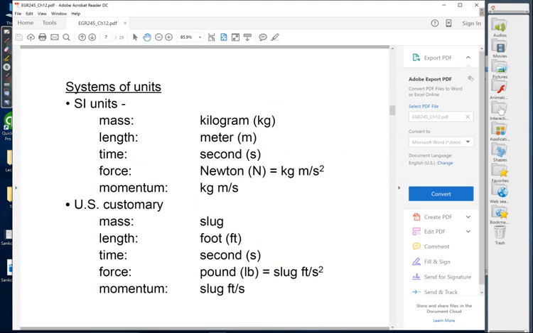Okay, before we get into that, just quickly, the units that we use for momentum: it's a mass times a velocity, right? So it's a kilogram meter per second, or it's a slug foot per second. Anyway, this is just a brief summary of all the units that we're going to be using when it comes to the second law.